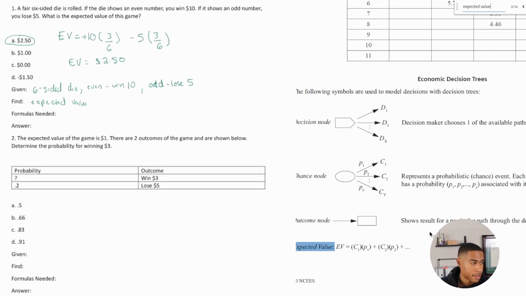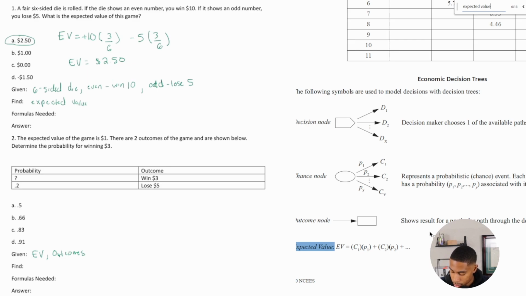Okay, let's look at number 2. The expected value of the game is $1. There are 2 outcomes of the game, shown below. Determine the probability for winning $3. Cool. So we are given the EV, or expected value. We're also given the outcomes of the game. Looks like the outcomes of the game is you win $3 or you lose 5.